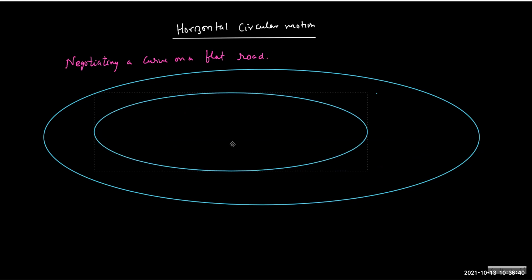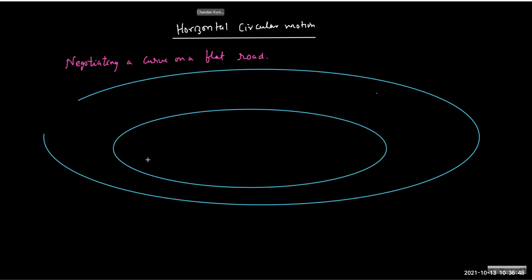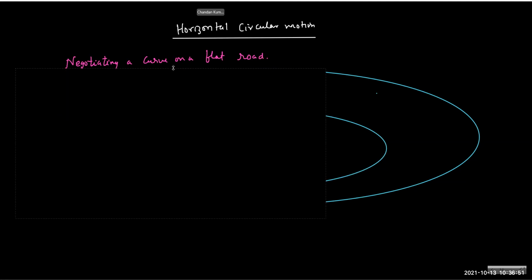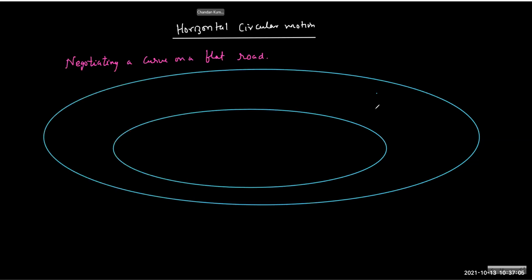During taking a turn, the car will tilt inside. Okay, let's keep the complete track. This is a track. And let's bring some bicycle or bike. We are bringing a bike, so we'll draw a simplified diagram of the bike.